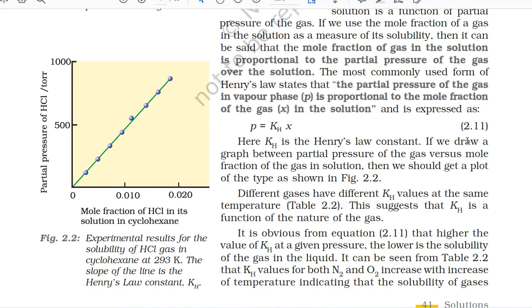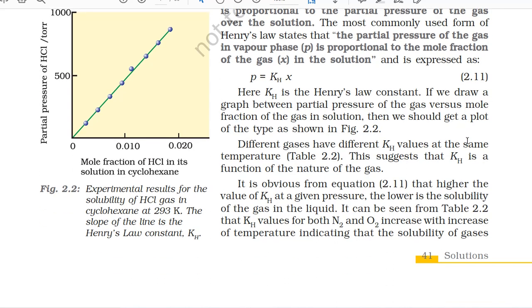Different gases have different Henry constant values at the same temperature (table 2.2). This suggests that KH is a function of the nature of the gas. It is obvious from equation 2.11 that the higher the value of KH at a given pressure, the lower is the solubility of the gas in the liquid.